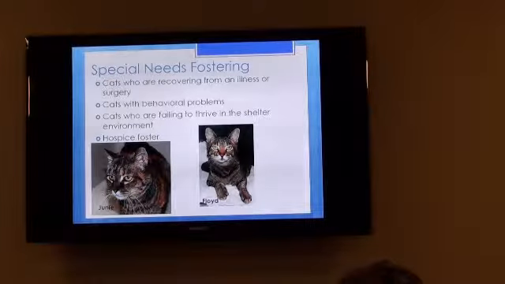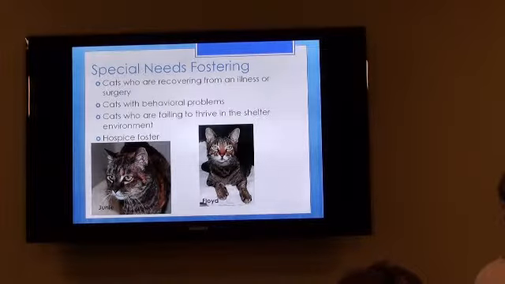Okay, and then we've got special needs fostering. This is the other area that we really are desperate at times for foster homes for. These are cats who are recovering from an illness or surgery. They are cats with behavioral problems. They just cannot handle the shelter for whatever reason.